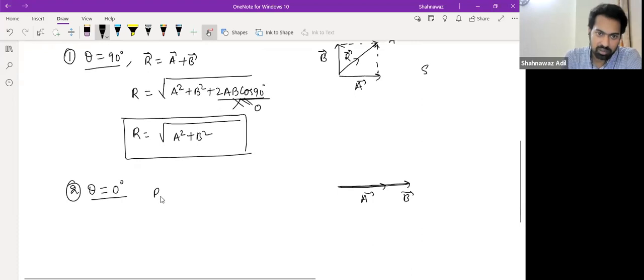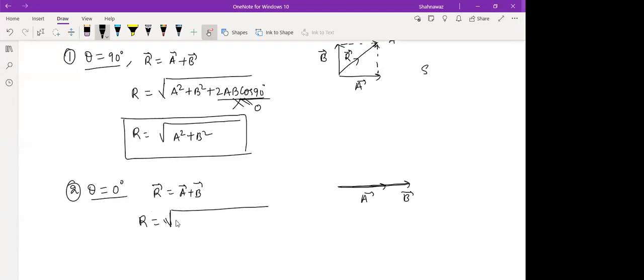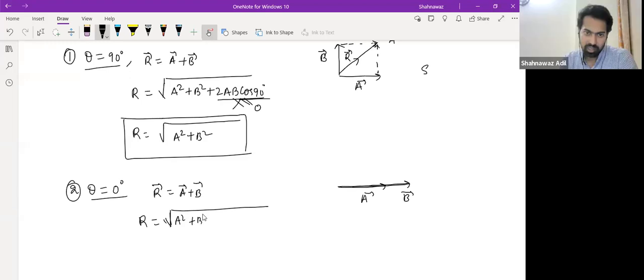R would be A plus B. The magnitude of the resultant is the root of A square plus B square plus 2ab cos theta, so 2ab cos of 0 degrees.